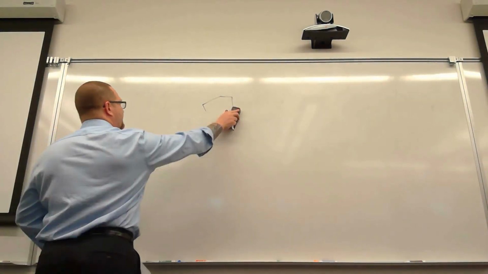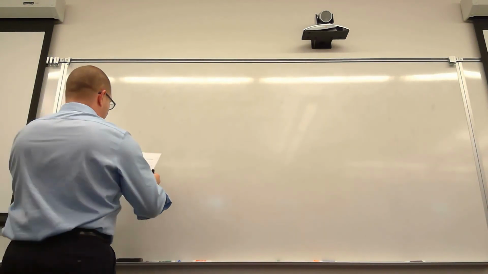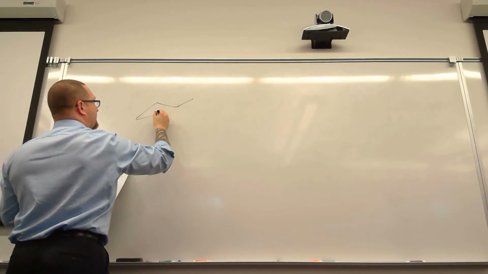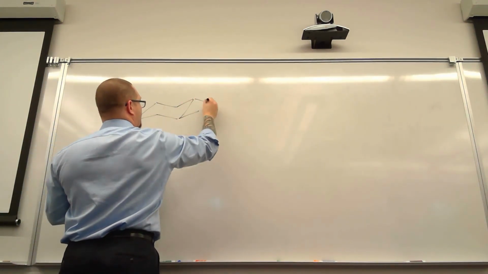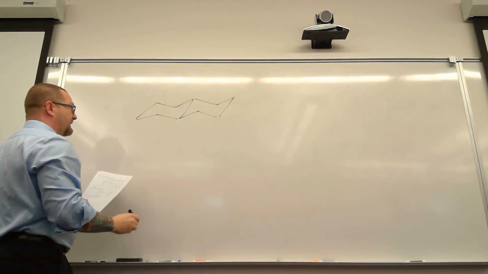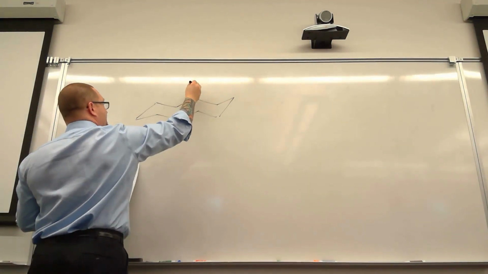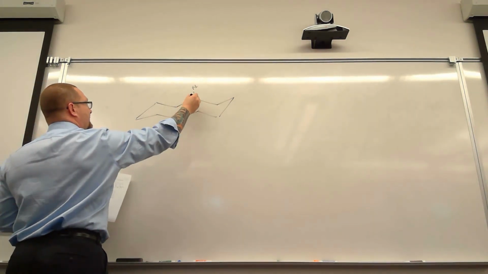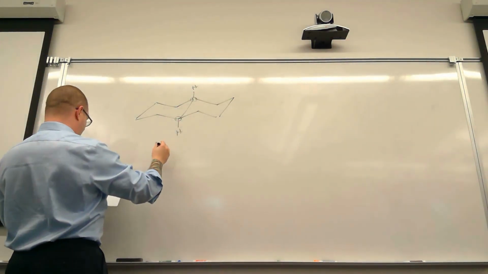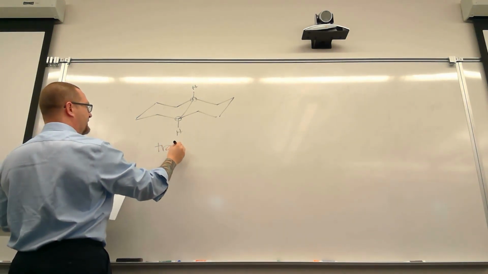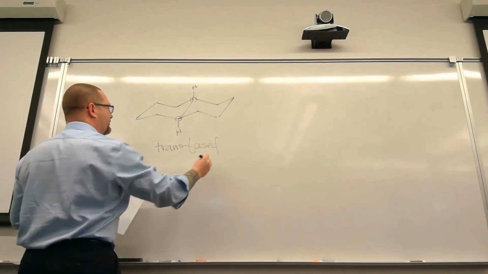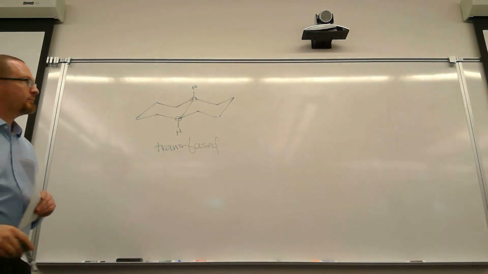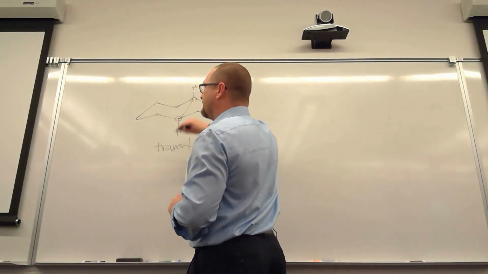When you see fused rings, it can look like this, in which these are tetrahedral carbons, and these are trans fused, which are the more stable because these bulky groups are out on the equator. And they're trans because the protons are on opposite sides of the ring.